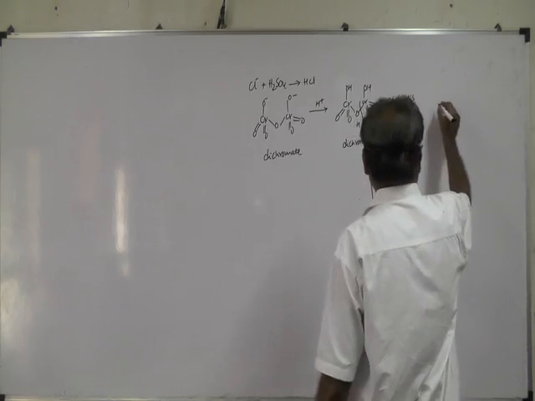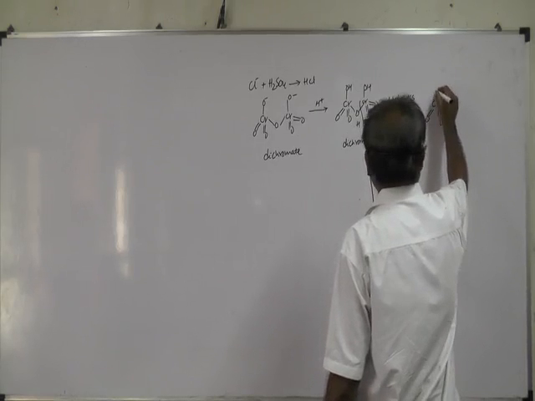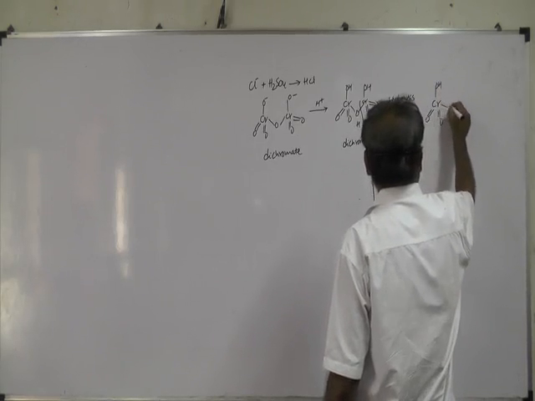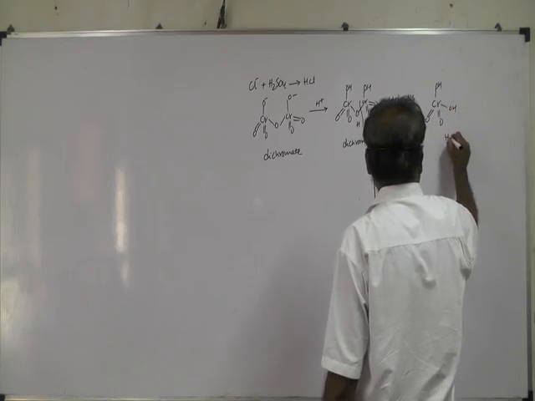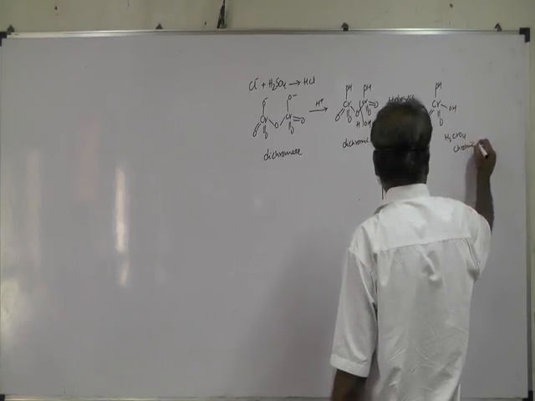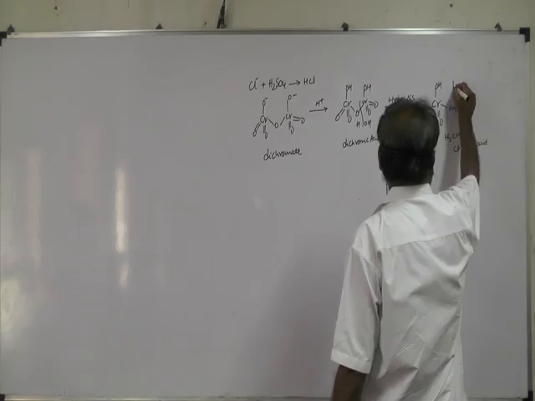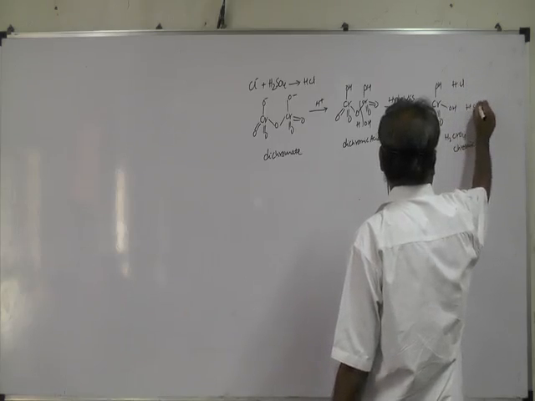You get chromic acid. And this chromic acid will react with HCl, giving chromyl chloride.